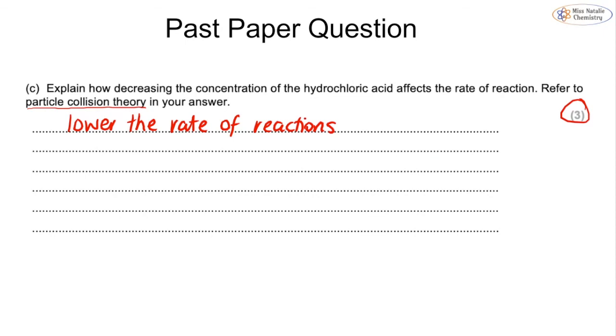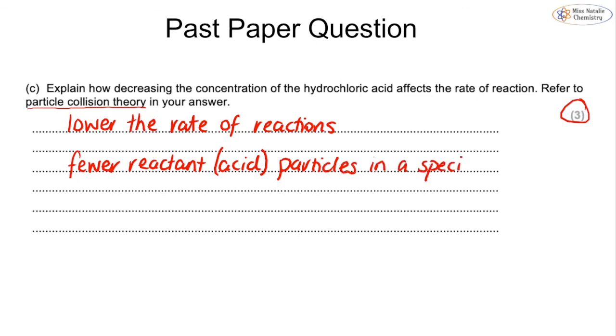Why is the reaction rate slower? Well, if I decrease the concentration, I have fewer reactant or acid particles in a specific volume. That is me describing what decreasing the concentration actually looks like.